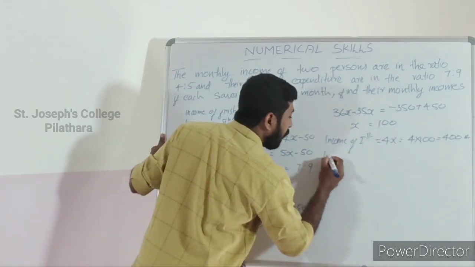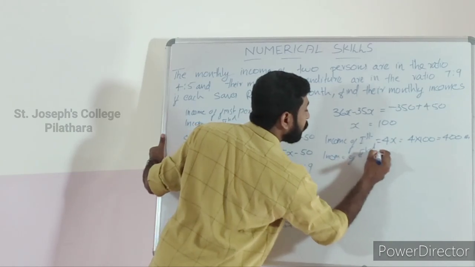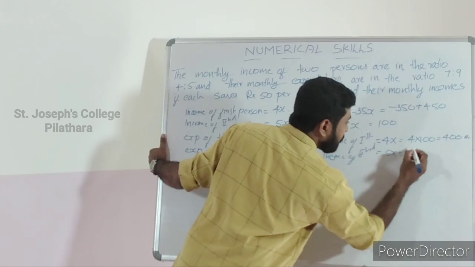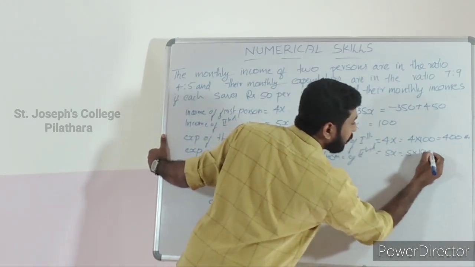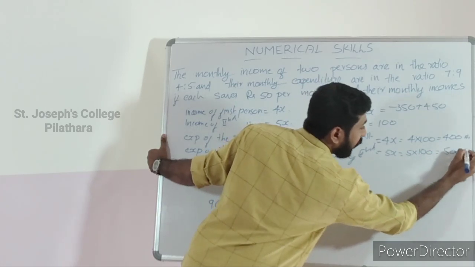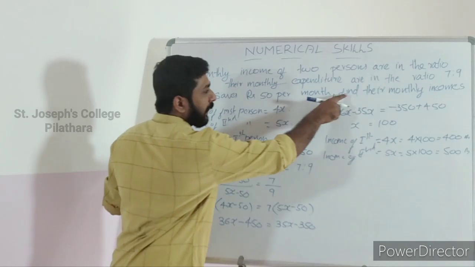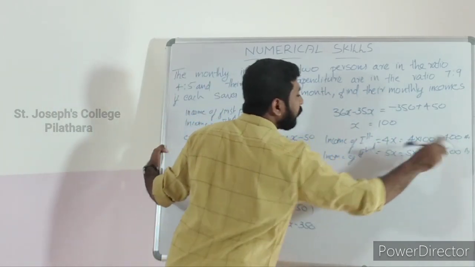And the income of the second is equal to 5x, that is 5 into 100, which is equal to 500 rupees. So our question is to find their monthly incomes. Their incomes are 400 and 500.